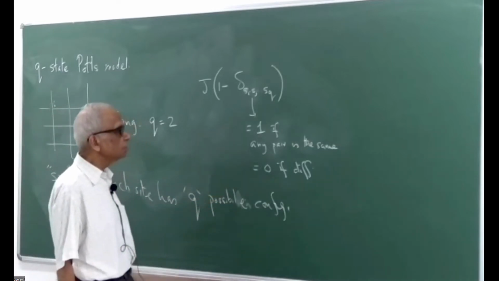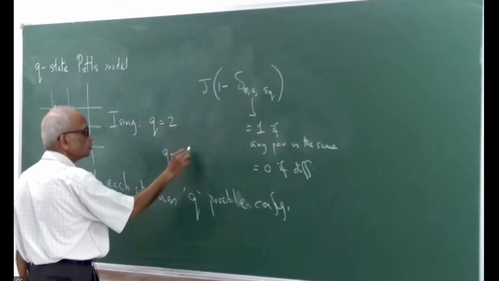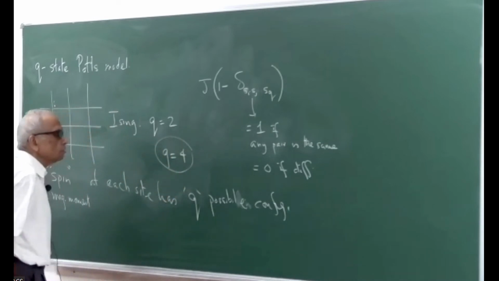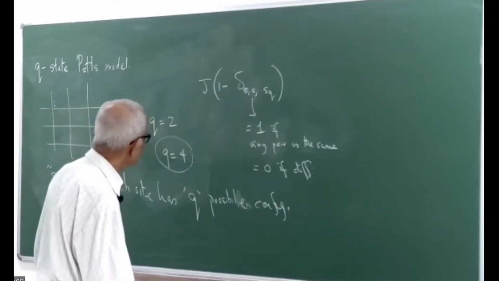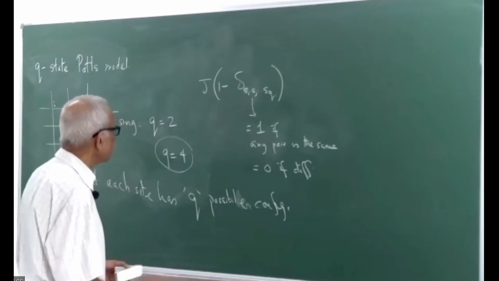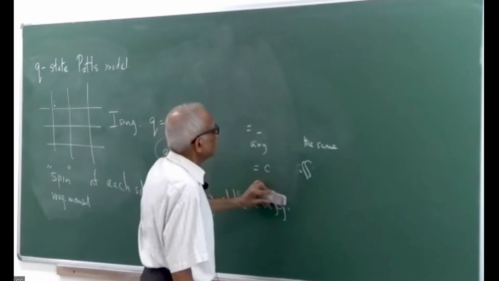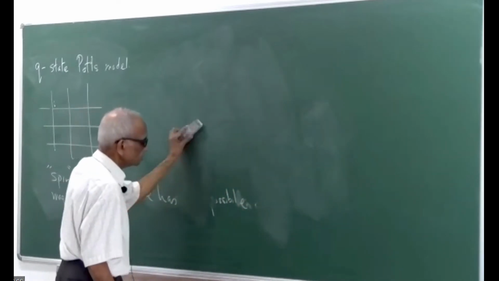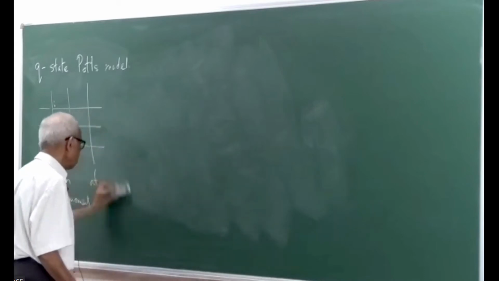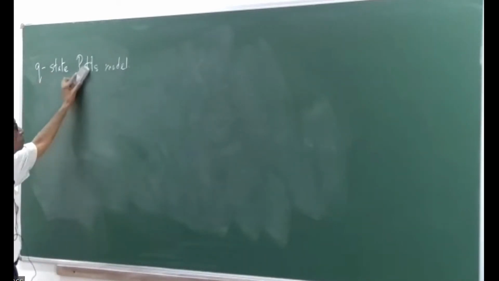And in this Q-state Potts model, Q equal to 4 is quite special. The Q equal to 4 Potts model is quite interesting. If you look up the Potts model literature, you would find strange behaviors at Q equal to 4.